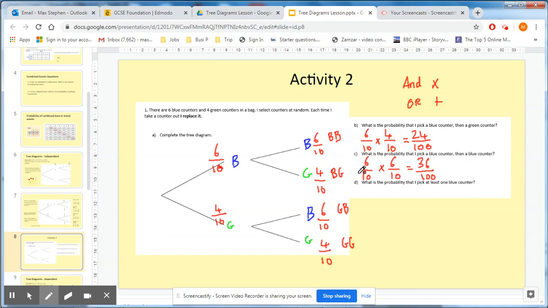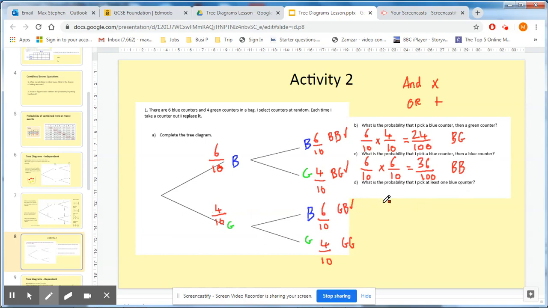So the ones of these that have at least one blue counter are this one, blue and blue, this one, blue and green, and this one, green and blue. So here I've already worked out blue and then green, and here I've worked out blue and then blue. So I only really need to work out green and then blue.